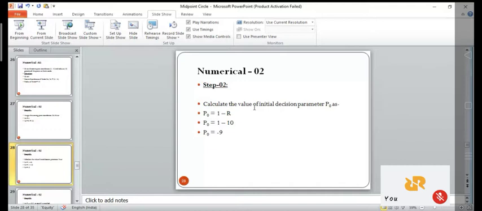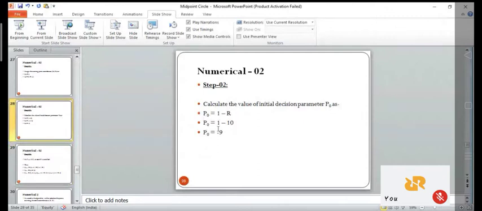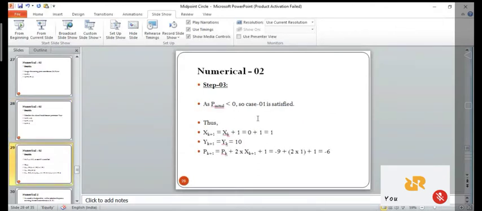Then step 2 is the initial decision parameter. Again, for this step, you are going to use this particular formula and obtain the initial decision parameter. This is going to be the same thing. Then step 3 is what? Based on this decision parameter, you have to see which case gets satisfied, and based on that you have to compute the values.